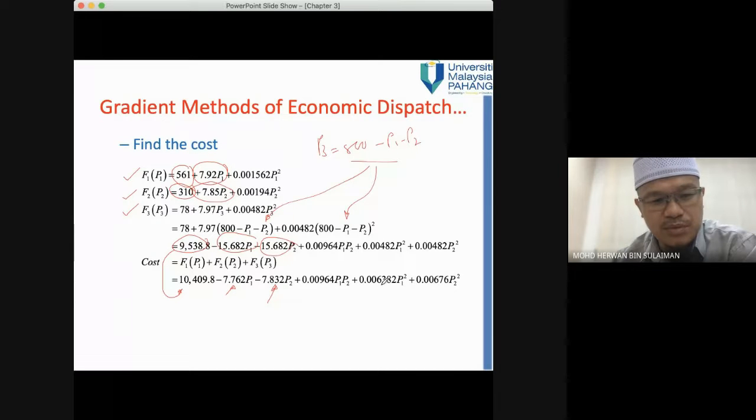P1, P2, and then you have P1 square, just sum with the P1 square, you get this value, and then for the P2 square, you add with the P2 square, you get this value.